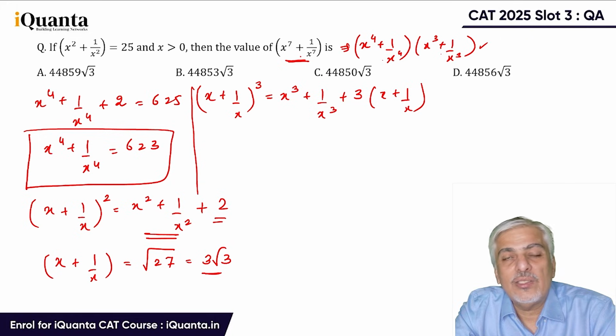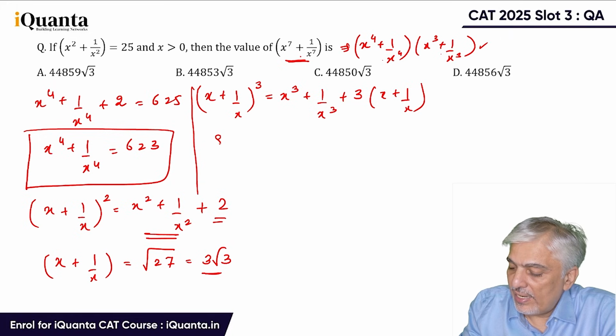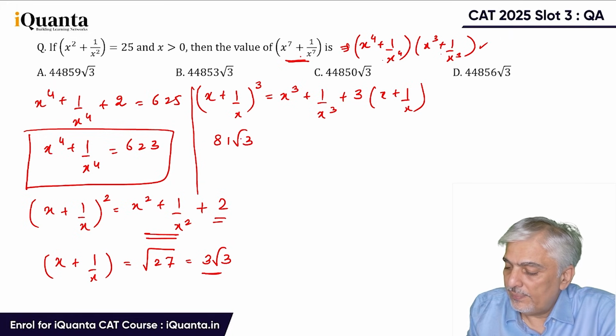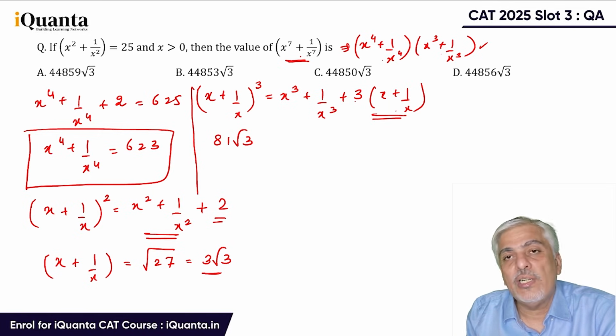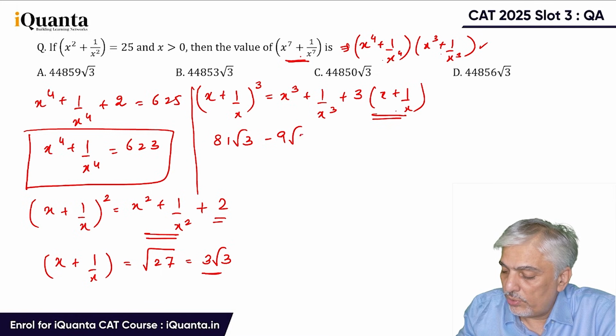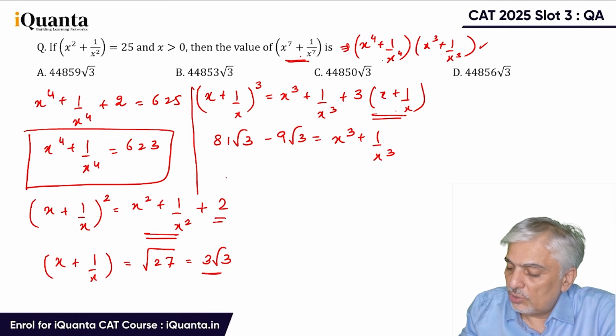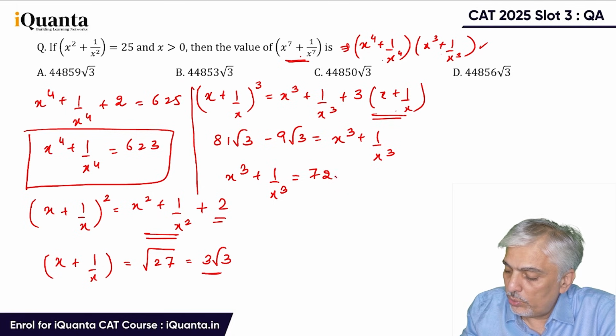Root 3 cube is 3 root 3. So 27 3s are 81 root 3. This is nothing but 9 root 3 because this is 3 root 3. 3 root 3 into 3 is 9 root 3. So minus 9 root 3 is x cube plus 1 upon x cube. So x cube plus 1 upon x cube is 72 root 3.